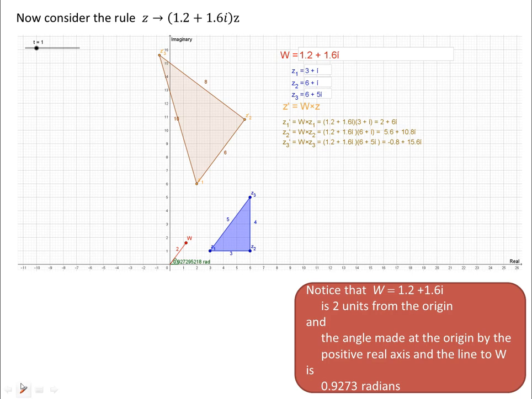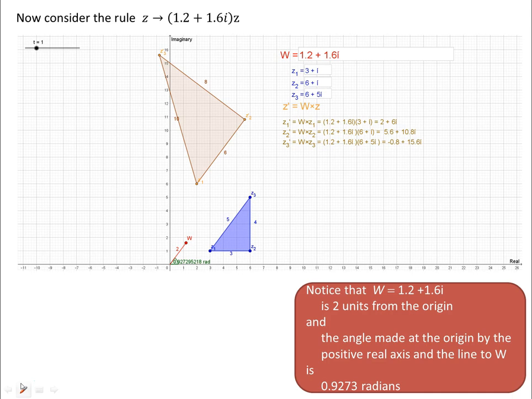So the image of z1, which is labelled as z1 dash, is 1.2 plus 1.6i times 3 plus i, which gives me 2 plus 6i. And we obtain z2 dash and z3 dash in exactly the same way.